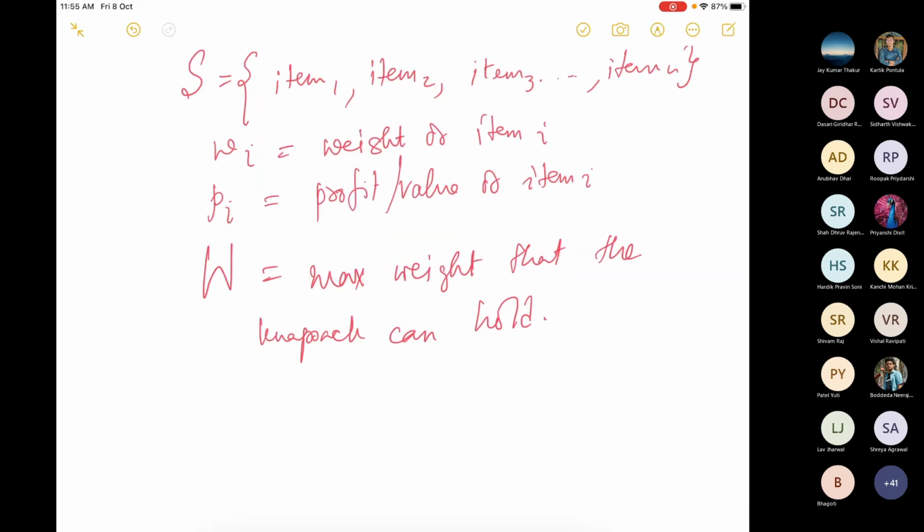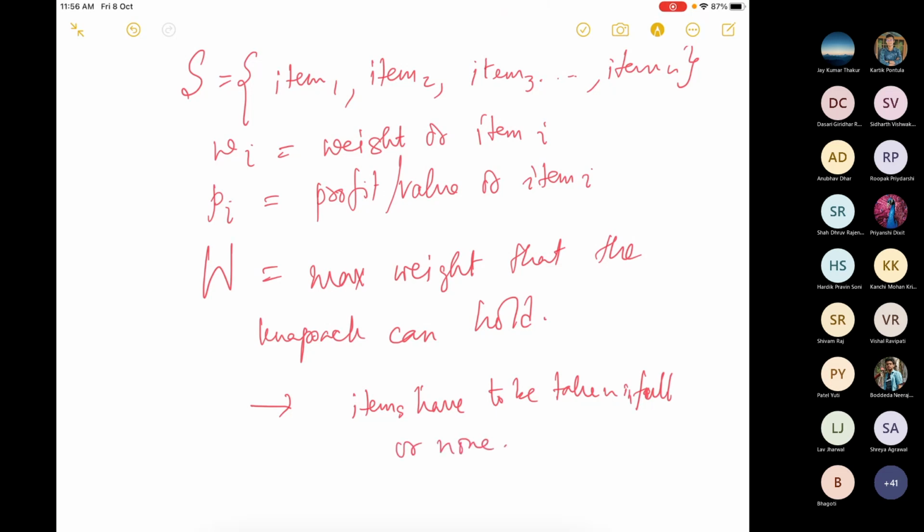Now there is one more point: in this case, if you take the item, you have to take the item in full, or otherwise you have to discard it. There is no middle ground. So items have to be taken in full or none.